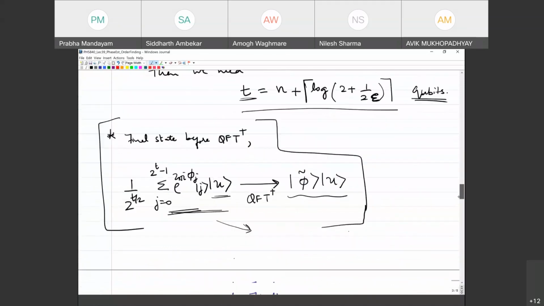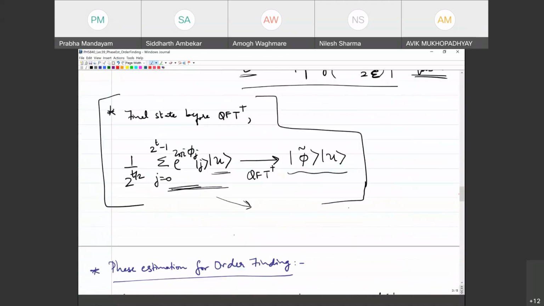Okay, so this is what I'm saying. Let's say that you're approximating phi with some phi tilde, first of all. There is an approximation involved before the QFT step itself. When I say that I'm using only t bits to represent phi, I may be truncating that representation.